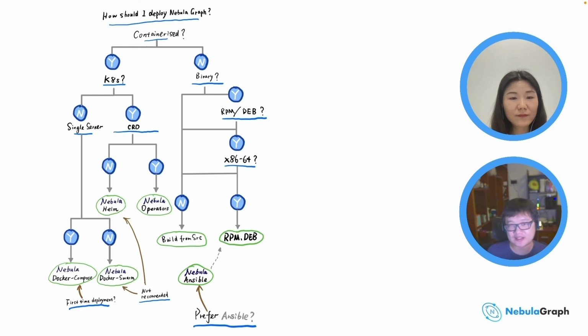Like last month, we just released support for rolling upgrade. Other features like auto scaling are not yet implemented. So you are more than welcome to keep an eye on our Nebula Operator repository on GitHub, try all the new features, and give feedback to us. This will be a huge contribution to the community.